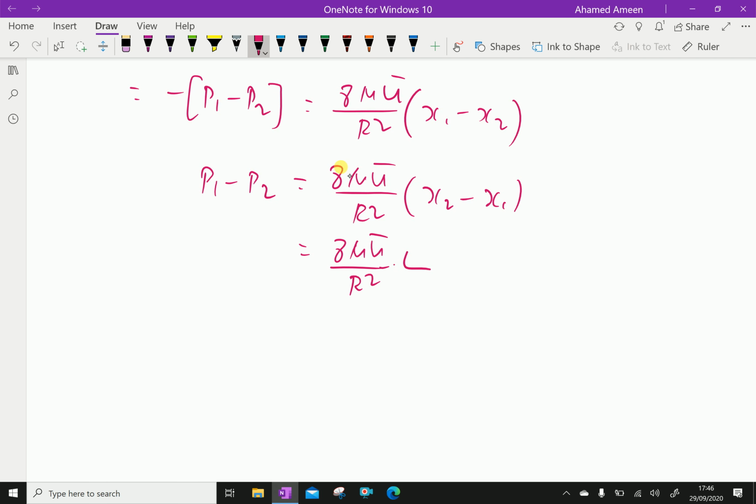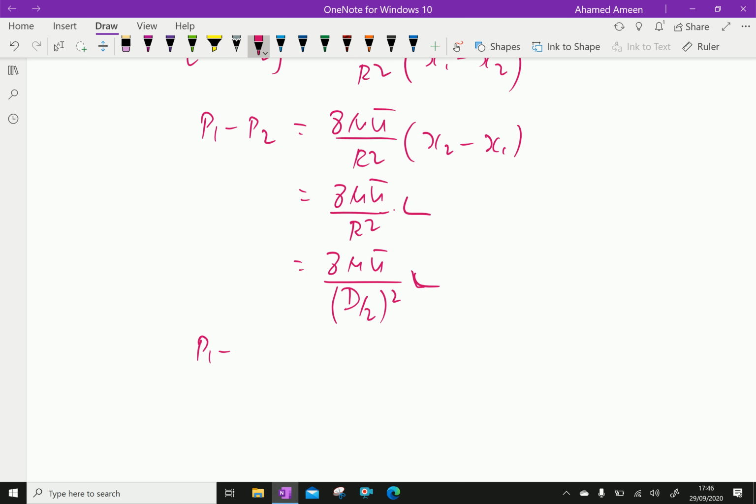So further, 8 mu u bar, R can be written as D by 2, that whole squared, L. So we have p1 minus p2 as head loss, we can keep it hf. The final value is 32 mu u bar L over rho g D squared.